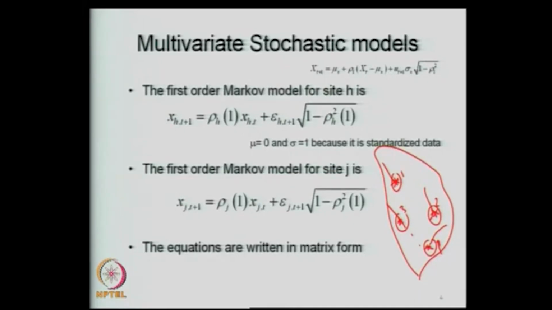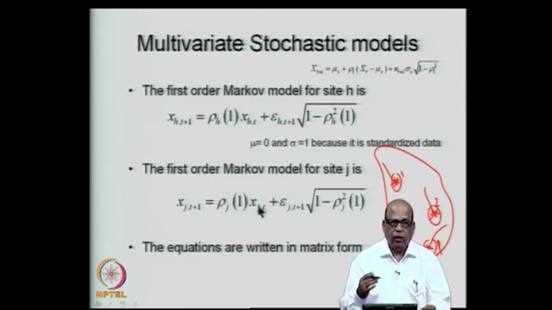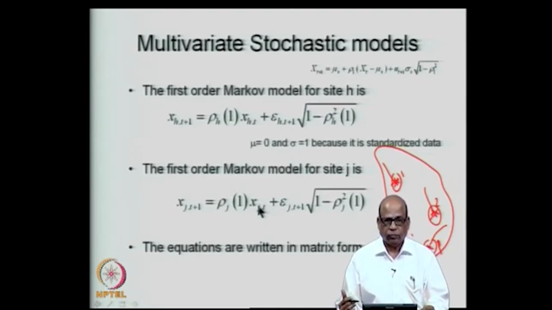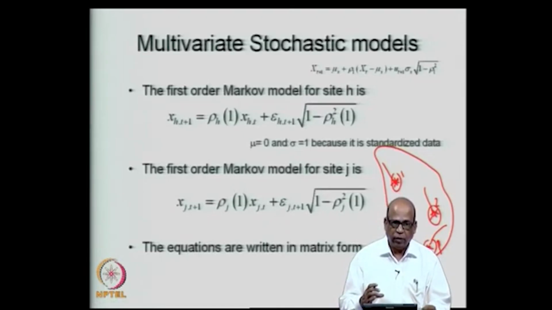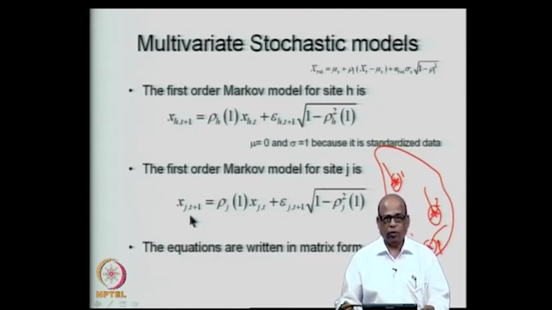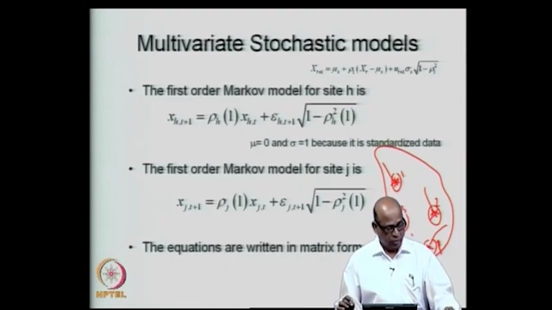So, that is the exercise that we will do now. We write these expressions in matrix form and then incorporate the dependence of the flows at one location on the flows at other locations through their covariances and perhaps correlations at different lags. In fact, we will consider lag 1.